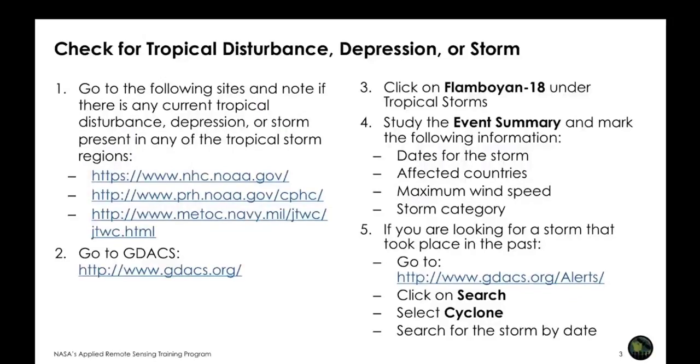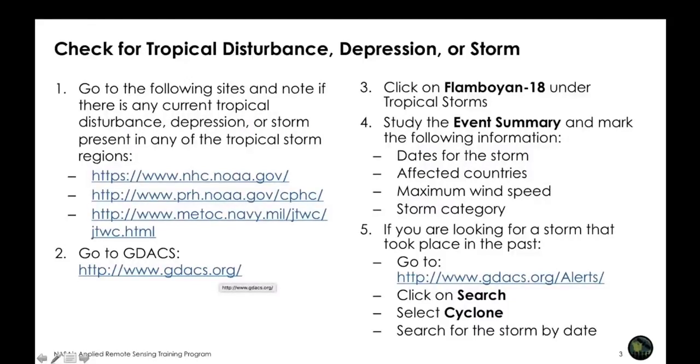You can start by exploring these operational Hurricane Center websites, just to see if you're monitoring in near real time, these are the sites you would be watching closely. If you are in the US area, NHC; if you are in the Pacific Ocean area, CPHC would be the one. For the Indian Ocean and Western Pacific Ocean, it's the Typhoon Center that you would be watching every day.